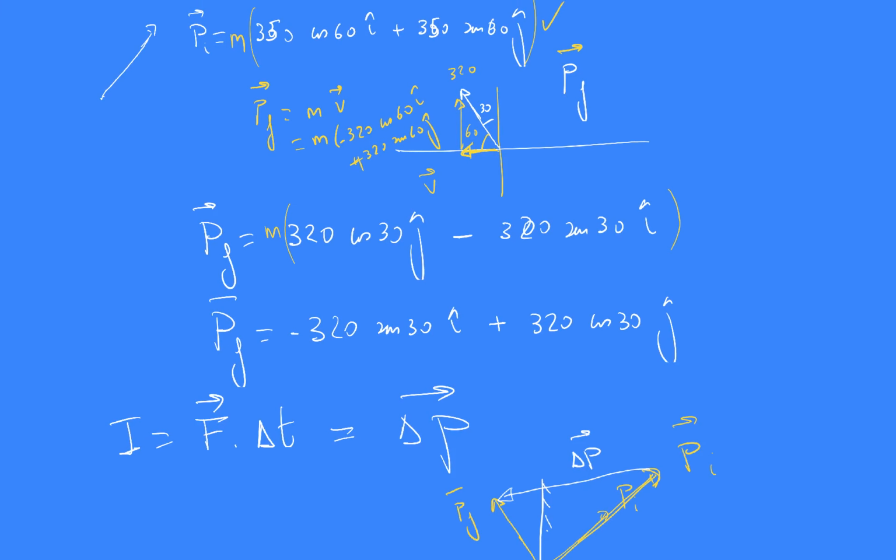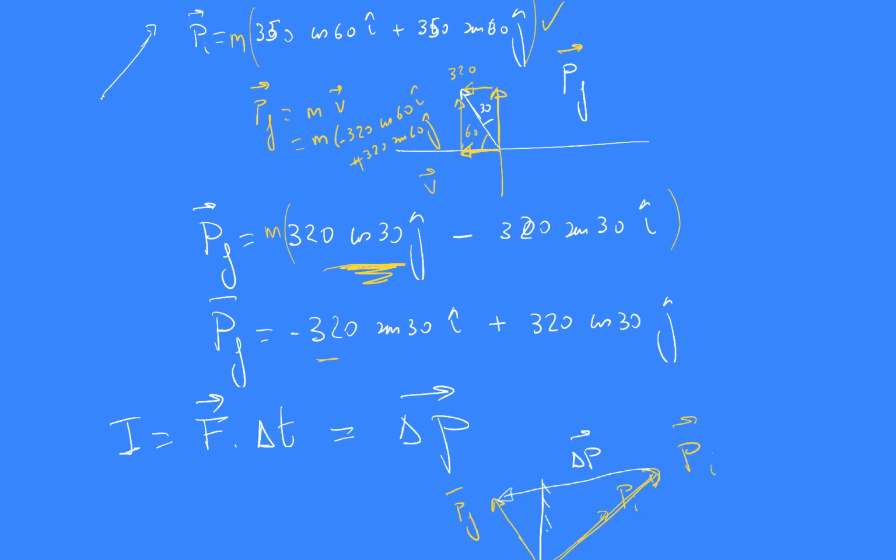I did express the vector PF in terms of this angle 30 degrees. So in terms of this angle 30 degrees, the vector PF is something going up in the j direction, how much? 320 cosine of 30 in the j direction, and something going to the left.